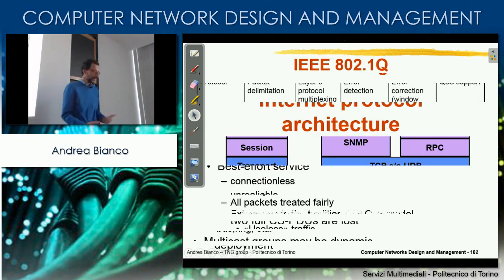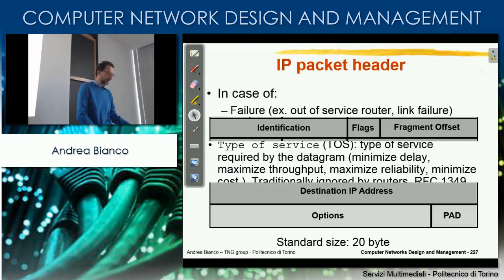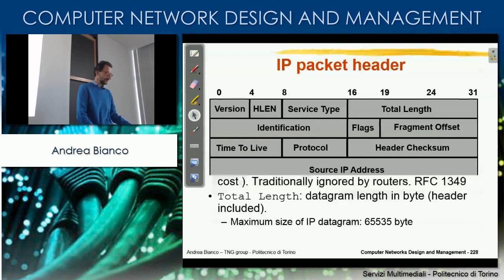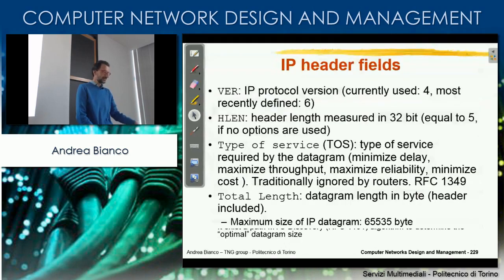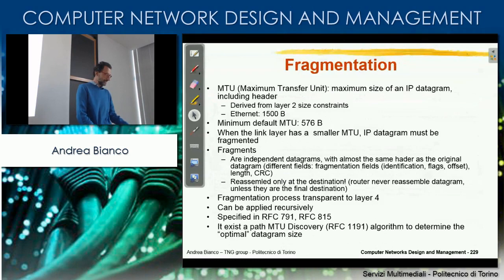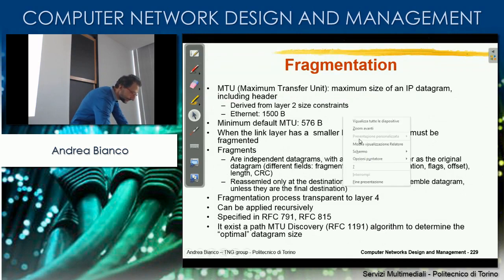So that's basically it. In the next set of slides, you have some description of these fields. Okay? You can go through it. There are some details about the fragmentation. In particular, it's written that the fragments are reassembled only at the destination here. This is the question that you asked me before.